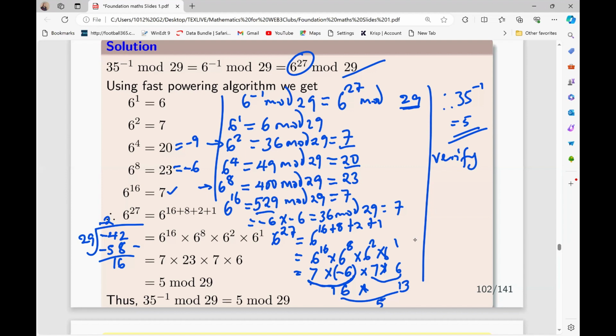Take that 5, multiply by 5, and you are doing it mod 29. So 5 times 5 is 175. 29 goes there 6 times, and the remainder is 1, mod 29. Any question there?